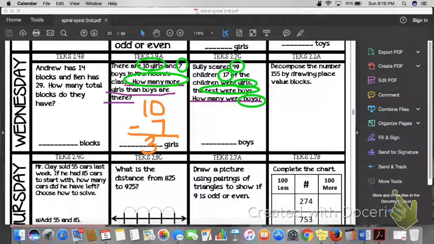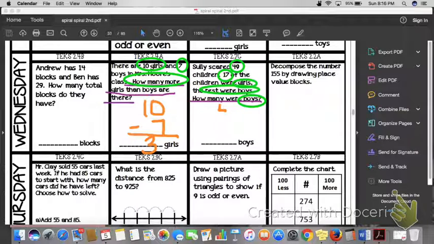So what's 49 minus 17? We're going to have to subtract because they gave us the total and they gave us the part. One part of the addition sentence, but they didn't give us the rest. So we are going to subtract 49 minus 17.